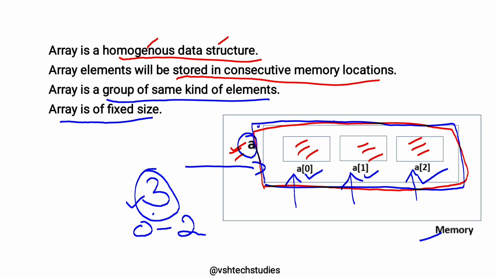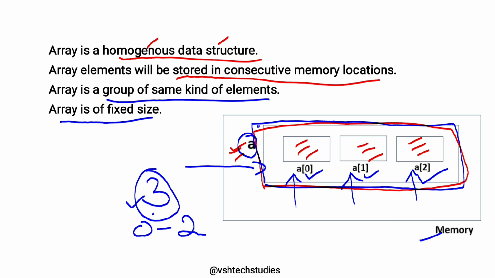Once declared, array size will be fixed. These are some of the basic points regarding arrays. The understanding and visualization of the arrangement of data in memory, the data structure, is very important. Only that understanding and visualization can help to write the code.